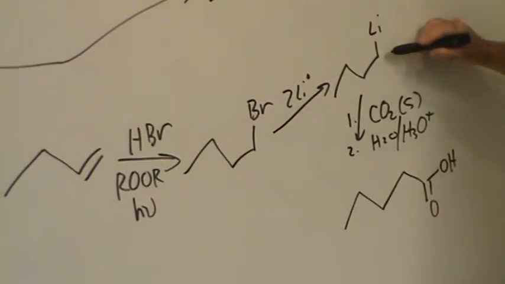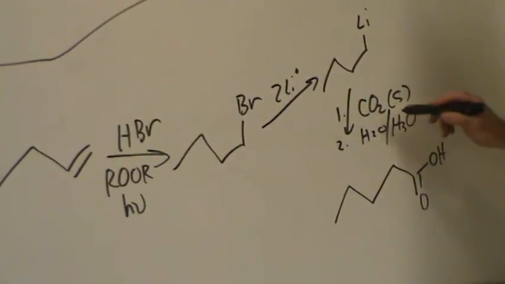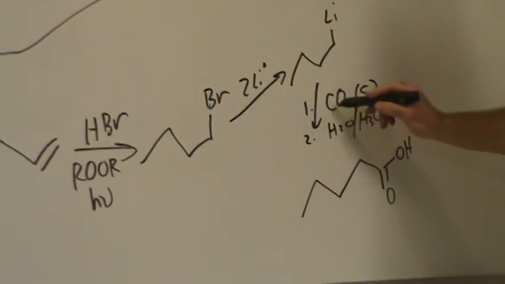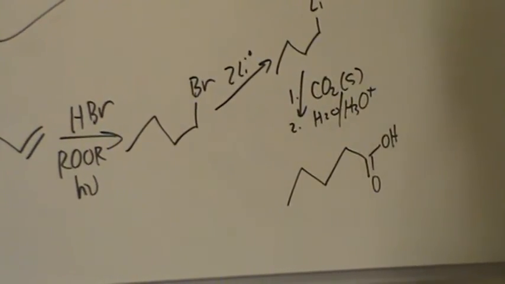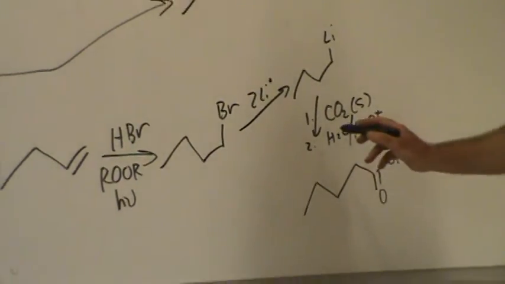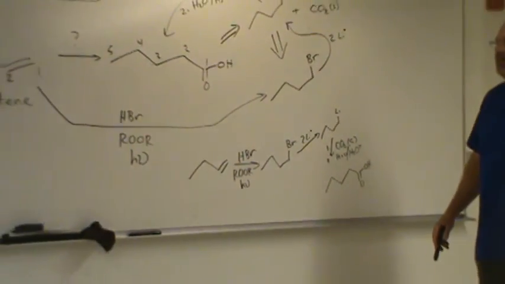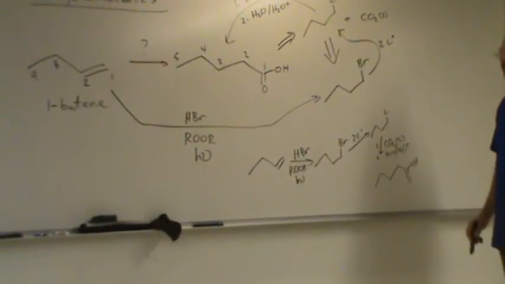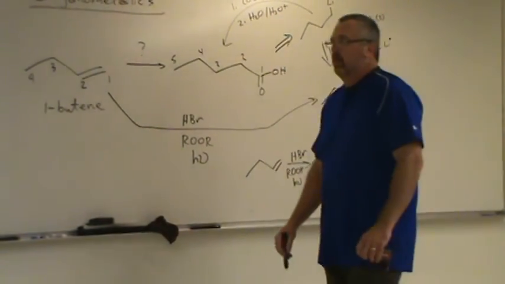This is the step right here where I go from 4 carbons to 5 carbons, and it's the solid CO2, the dry ice, that allows me to do it. So there's my synthesis. It's a 3-step synthesis, 4 if you count that quench step as a separate step, of that carboxylic acid. Pretty straightforward.